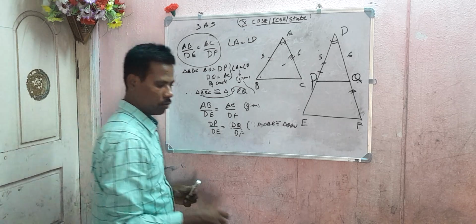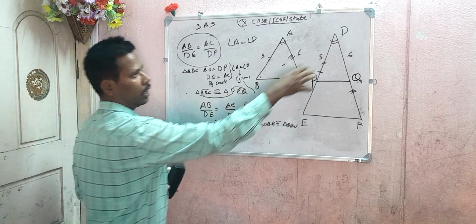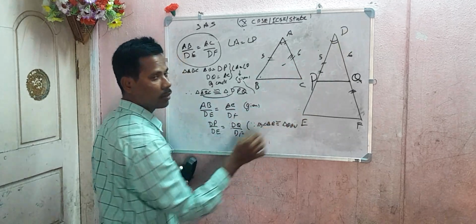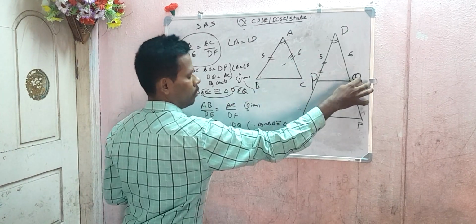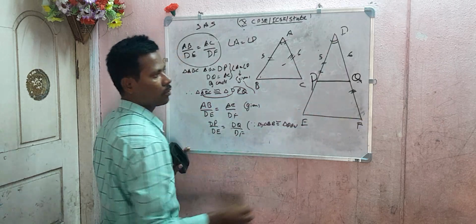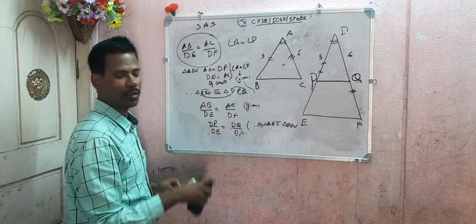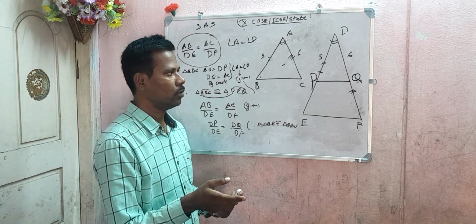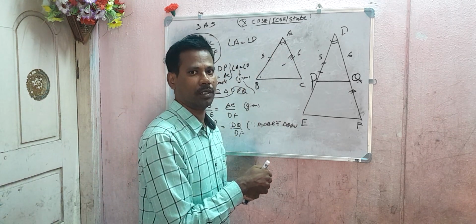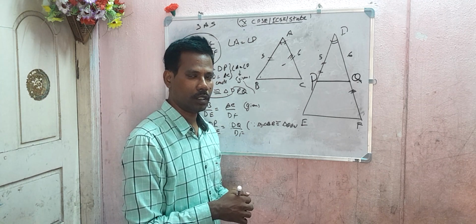Now look at this carefully. DP by DE is equal to DQ by DF. What is the converse of the basic proportionality theorem? If a line divides the other two sides in the same ratio, then that line is parallel to the third side. Just now we have done theorems based on that.